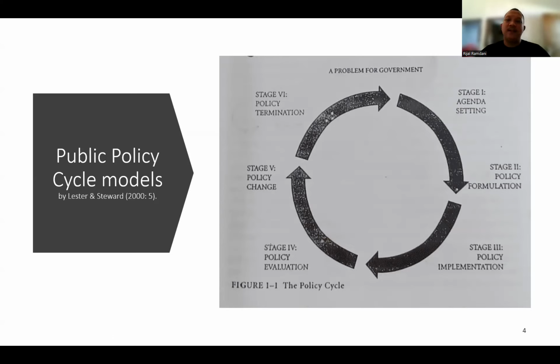Agenda setting, as I mentioned before, is how we can identify some problems that exist within the society. And the second is policy formulation. During the formulation, we have two activities here. The first is decision-making process, policy analysis, and policy adaptation. And the third stage is policy implementation, policy evaluation, policy change, and policy termination.